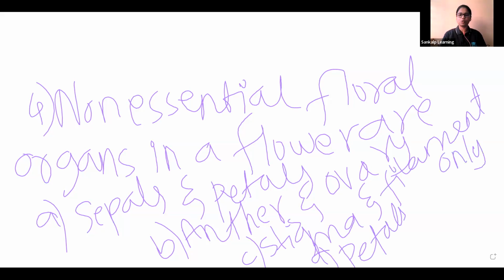A, sepals and petals. B, anther and ovary. C, stigma and filament. D, petals only. Yes, I completed. Good.